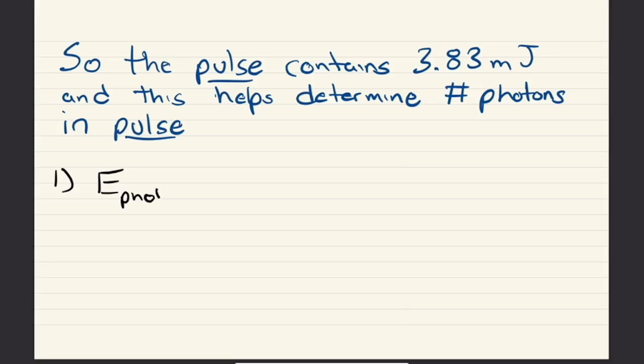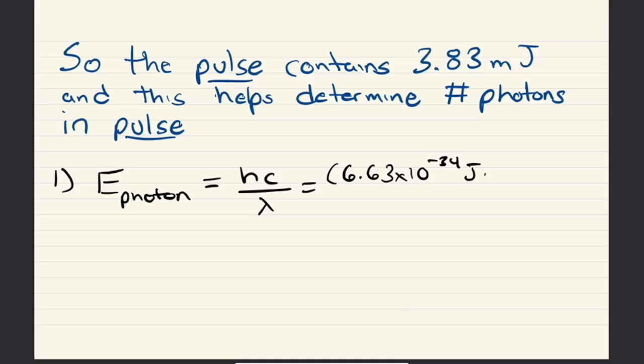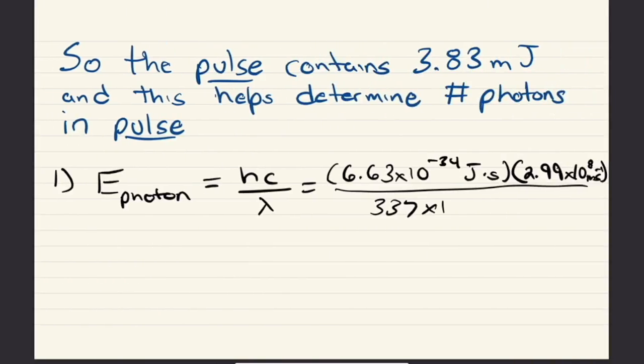So the energy of the photon in this case would be equal to hc over lambda, where h is Planck's constant, 6.63 times 10 to the negative 34 joule seconds, and c, 2.99 (you may see this written as 3, that's okay) times 10 to the 8 meters per second to the negative 1. And this will be all over the value that we have, 337 times 10 to the negative 9 meters.